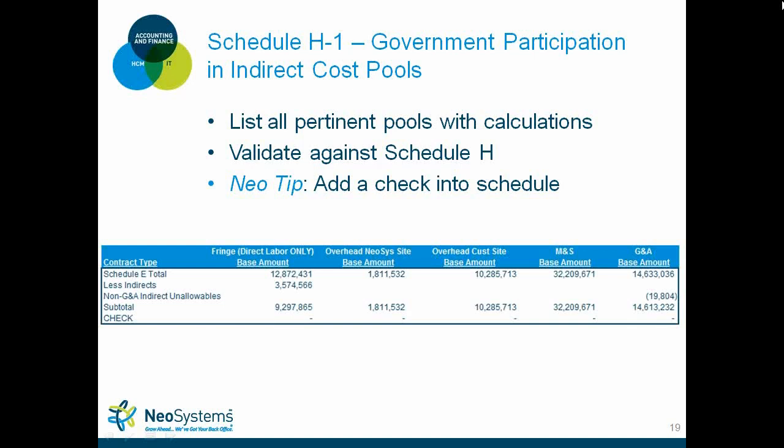Validate it against H. Have a validation check built into the internal version, as I mentioned already, to ensure that you're balanced out. You've got a check and balance right in there. This is an area where the auditors really look, to see how the contractor has accounted for all of it, and something to keep in mind.